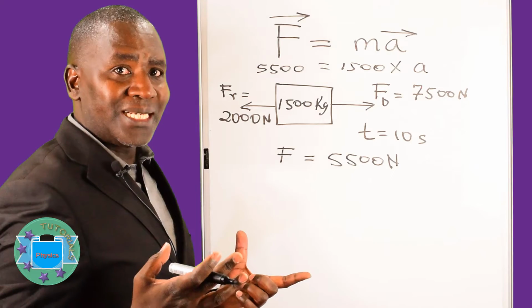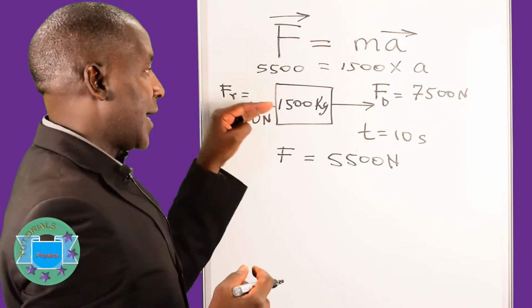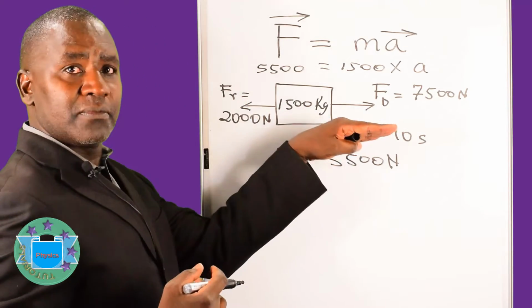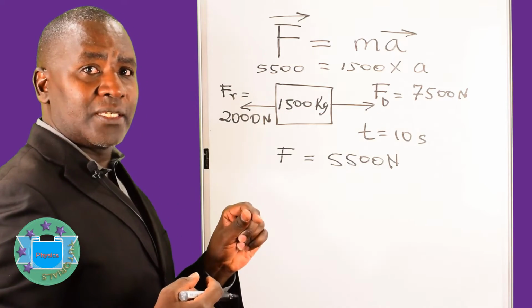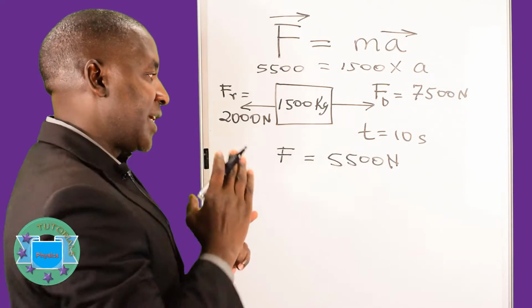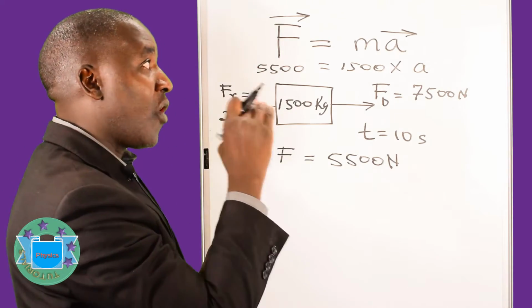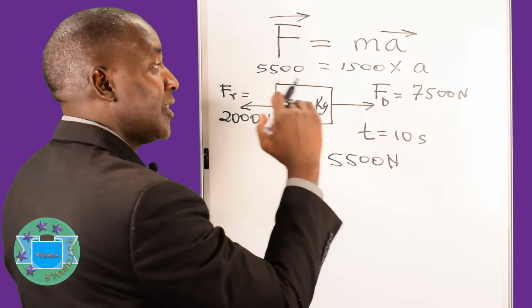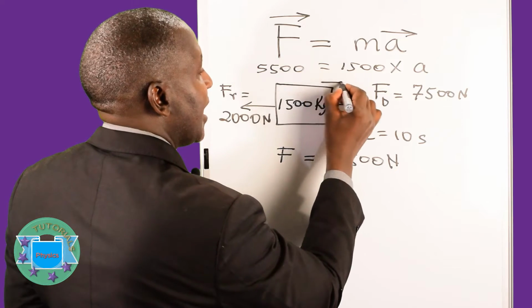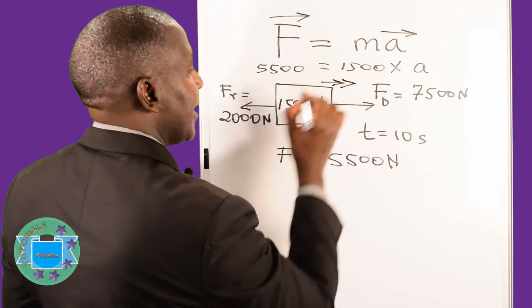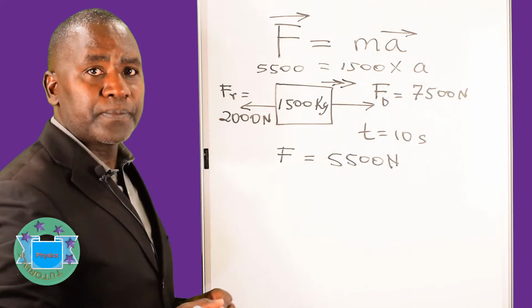You can work out that acceleration and you'll find that the car accelerates to the right. What is the direction of the resultant force? To the right. What is the direction of the acceleration? Again, to the right. So this car will accelerate to the right like that.